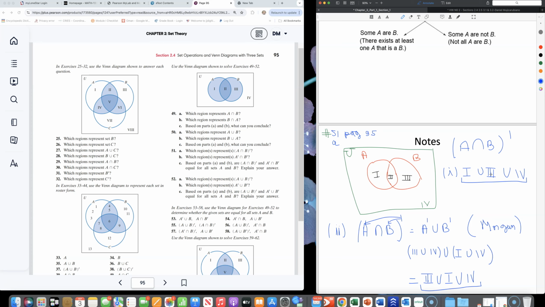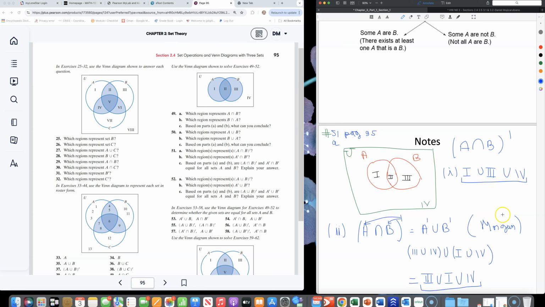That is a comment I want to make, something to keep in mind when dealing with exercises that involve the complement of the intersection or the complement of the union.